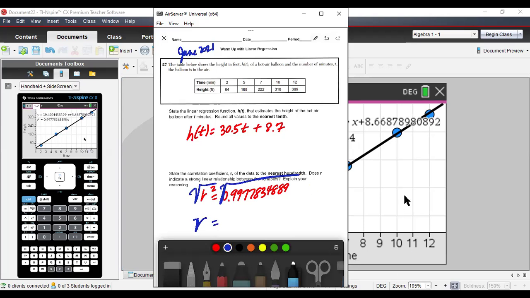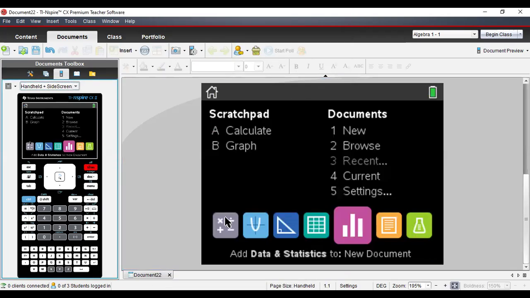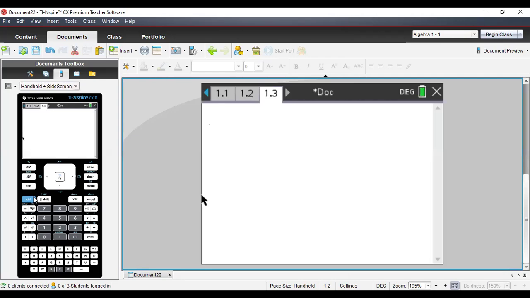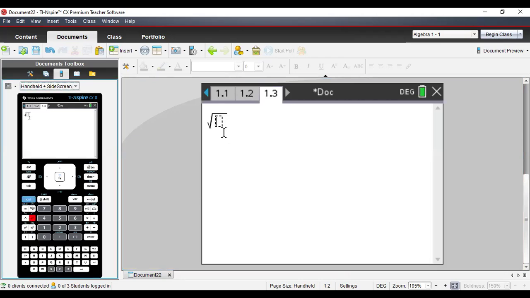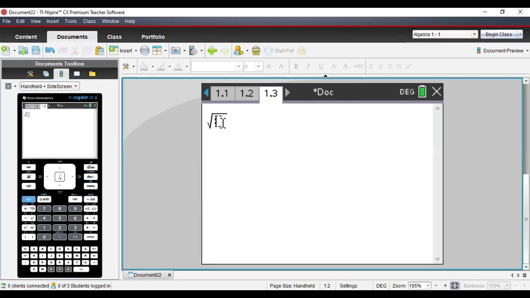So let's do that. I'm going to go here, click here, control, and inside is going to be 0.9977834889. And then I press enter.